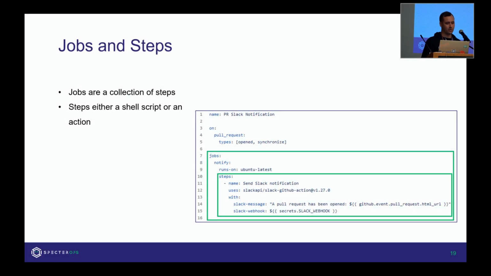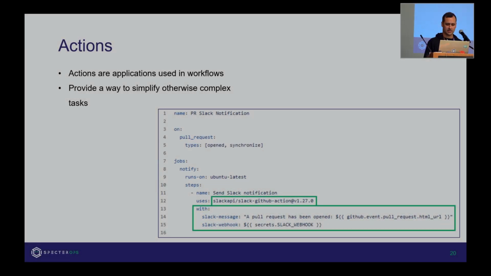And in this example workflow, we also have our jobs down here, and this is going to be a set of steps. And we can see that this job right here is named notify, and this is going to run on the latest Ubuntu machine that GitHub is providing. This is a GitHub hosted runner. And then we have the steps, and these can be a shell script or these can be an action. I think we're talking about actions on this next slide.